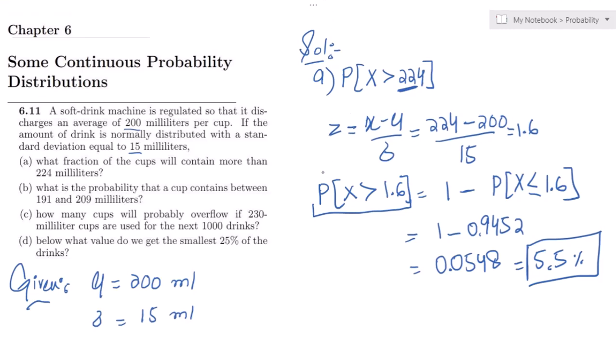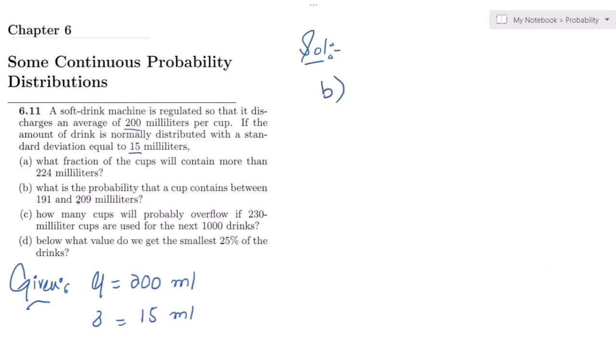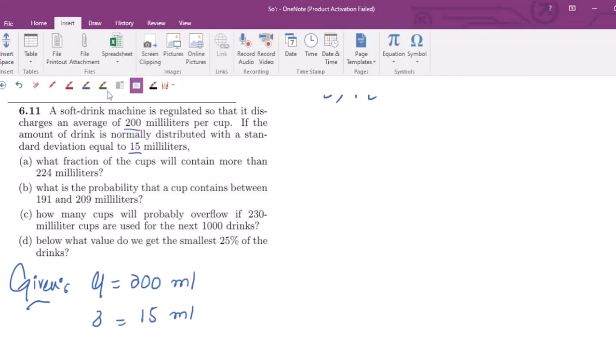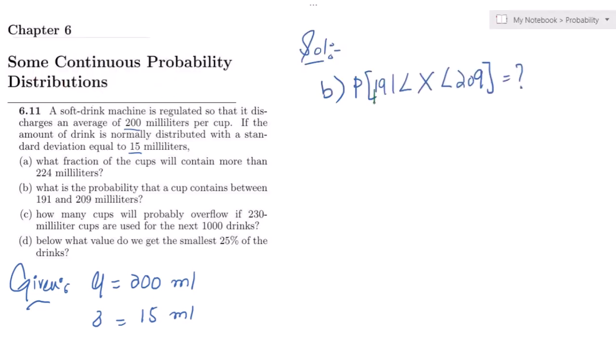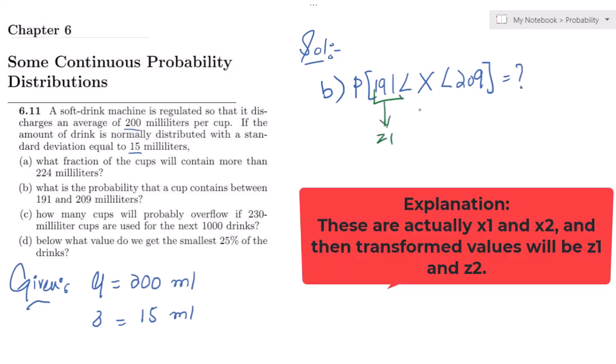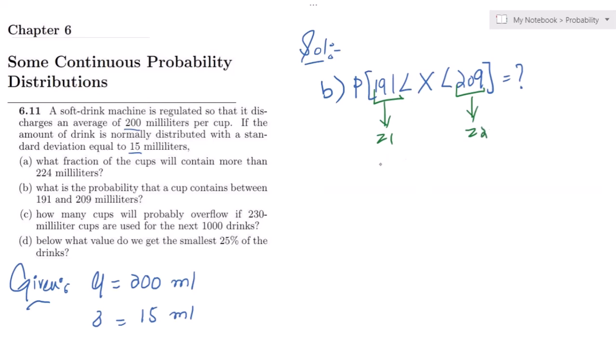So let me move to part B. What is the probability that a cup contains between 191 and 209 milliliters? We want to find the probability that x is greater than 191 and less than 209. Let me call these values z1 and z2.